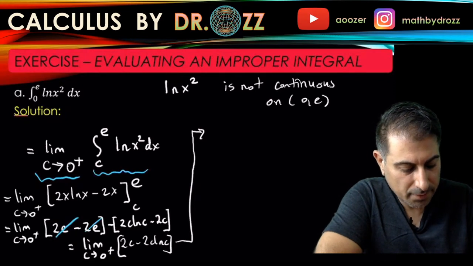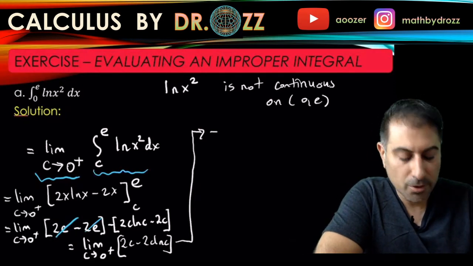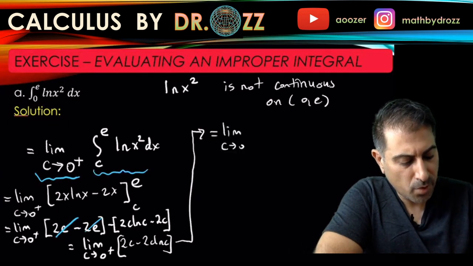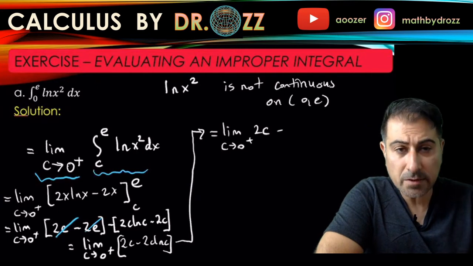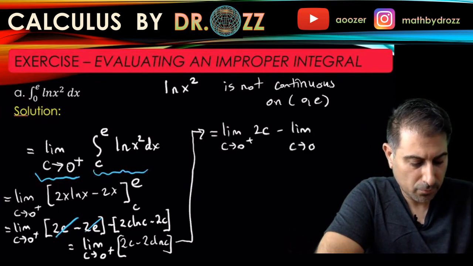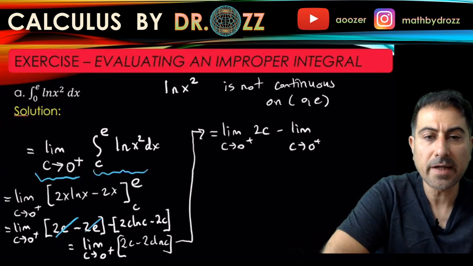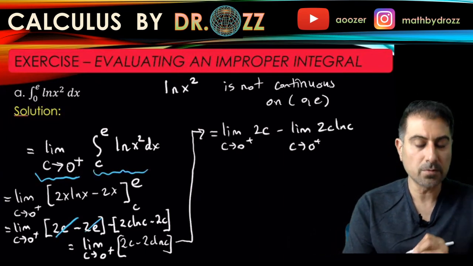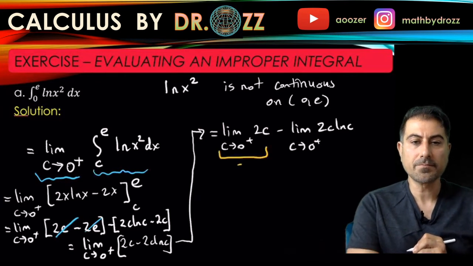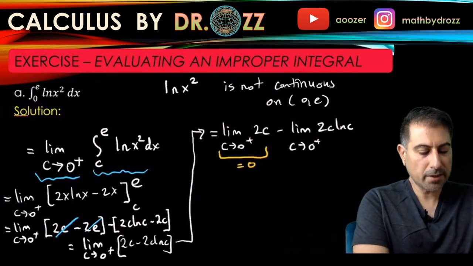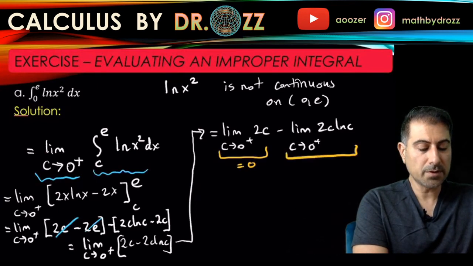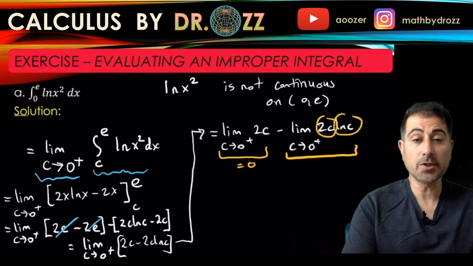I'm going to split this into two different limits. And the first one is easier to deal with, because this limit is equal to 0. All I need to care about is this limit, because as c approaches 0, this 2c approaches 0, but ln c on the right is approaching negative infinity.